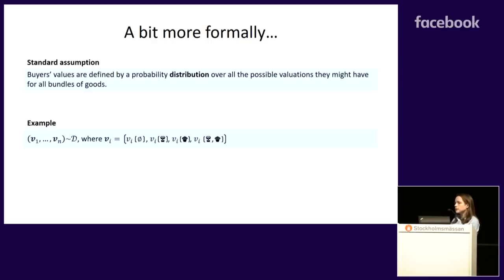And it says that buyers' values are defined by a probability distribution over all the possible values they might have for all the bundles of goods. So for example, what we're assuming is that there's some distribution D from which the buyers' values are drawn. And again, these are valuation vectors. That's how we're representing them. So there's a distribution over these valuation vectors.